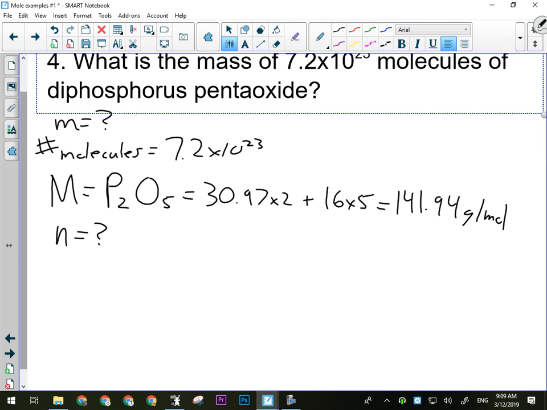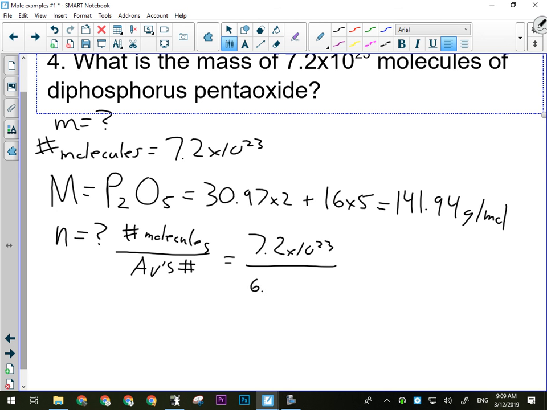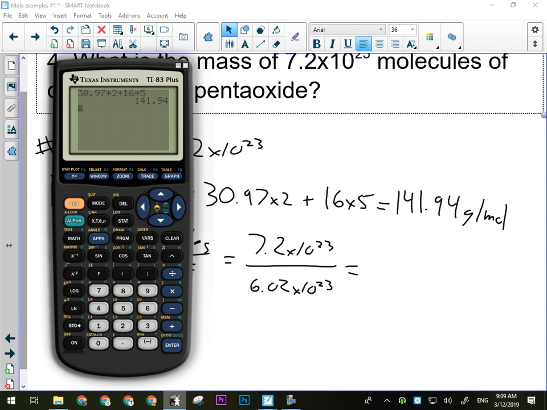So to calculate the number of moles means to take the number of molecules and divide by Avogadro's number. So that means 7.2 times 10 to the 23 divided by 6.02 times 10 to the 23. All right, so we've got 7.2, and I wouldn't even have to put in the 23 here.